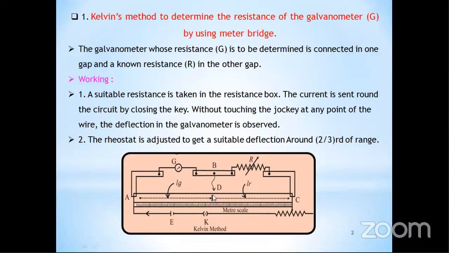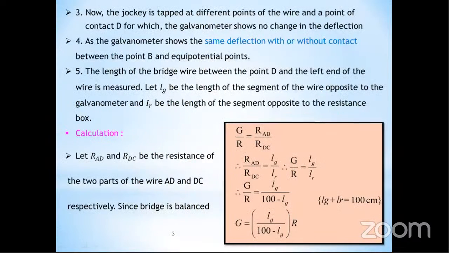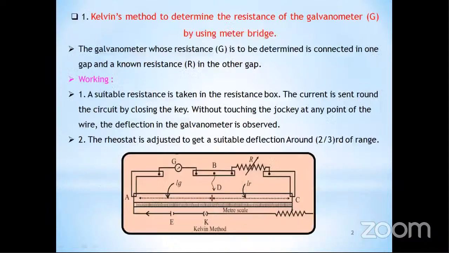At the point D it again shows the same half deflection. The length of the bridge wire between the point D and the left end of the wire is measured. This length from A to D, along the galvanometer side, is called LG, that means the length along the galvanometer.